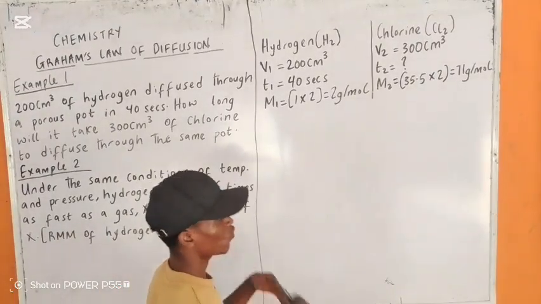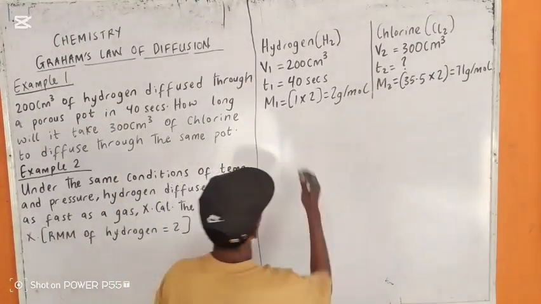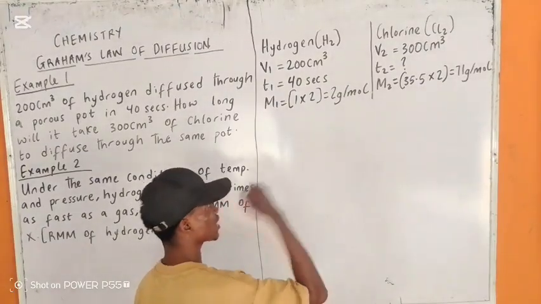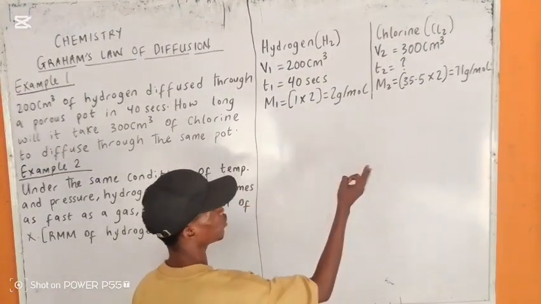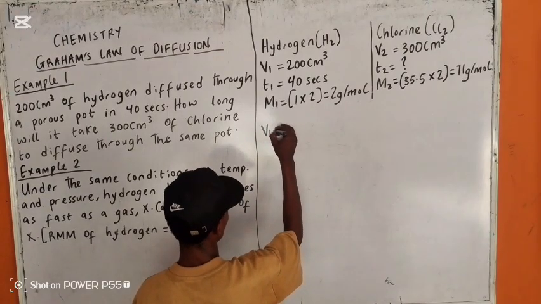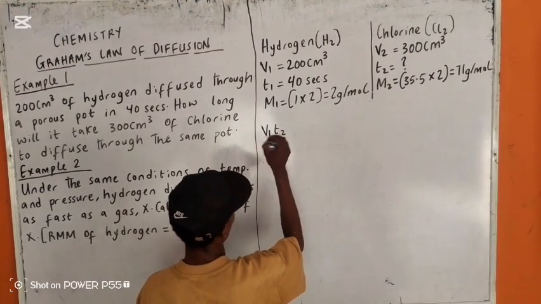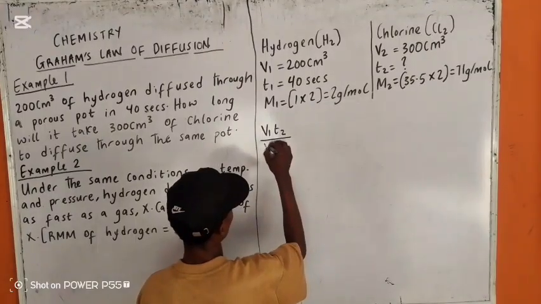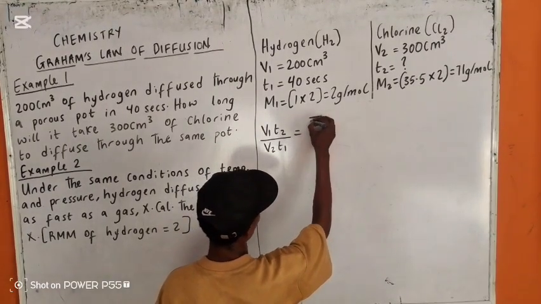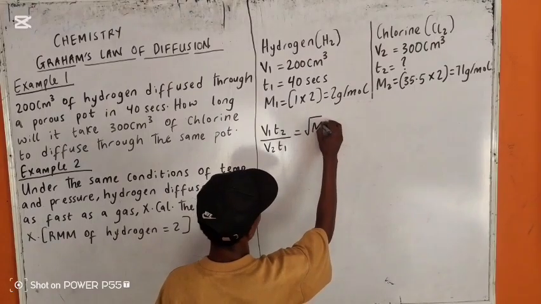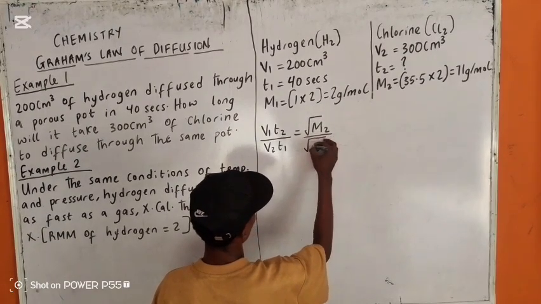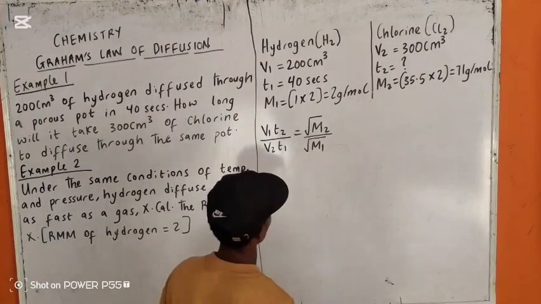So we are given volume, time, and molar mass. Now the formula we are going to make use of is the one relating volume, time, and molecular mass, which is V1 T2 over V2 T1 equals square root of M2 over square root of M1.